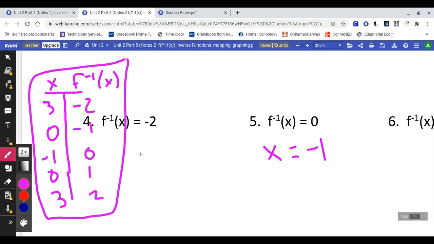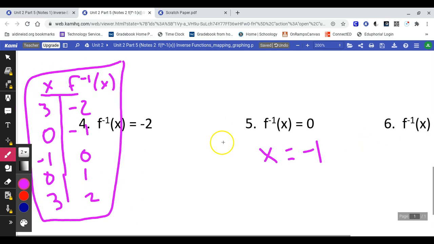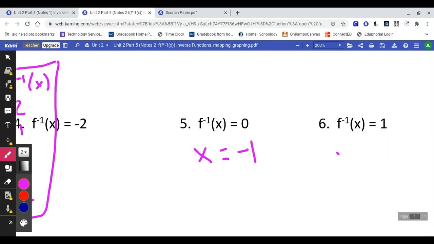And so for one more of those, if I'm looking at number 6, the 1 is across from the equals. So I'm going to find a 1 in the y column and copy down the number that's across from it. So my x would equal 0.